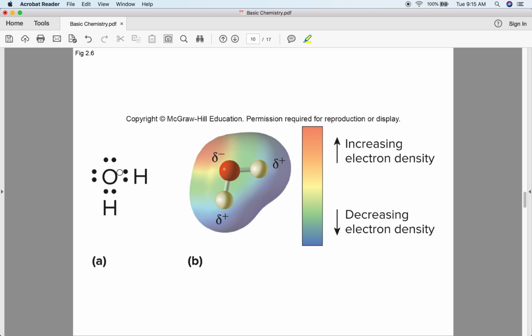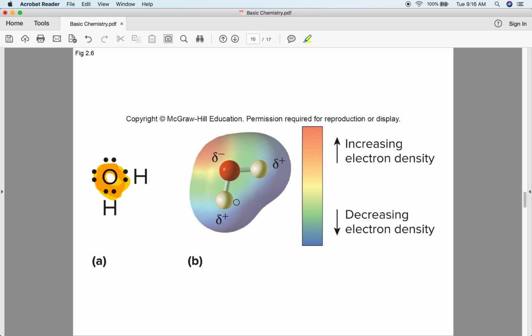And we want to think of these electrons as spending more time around my oxygen than they spend around the hydrogen. And that's what this second diagram really shows us. The white balls are hydrogen, the red is the oxygen.